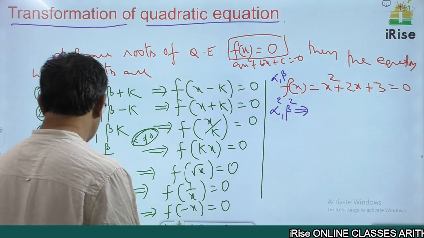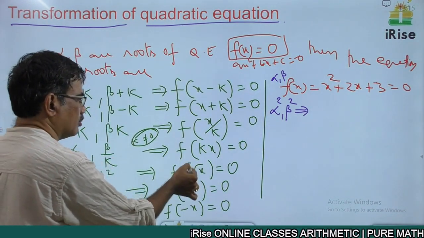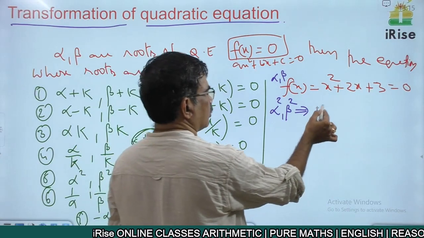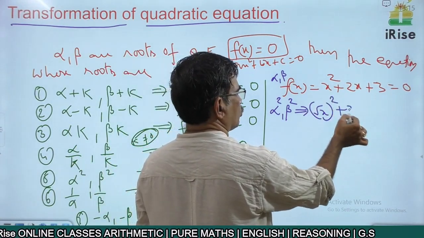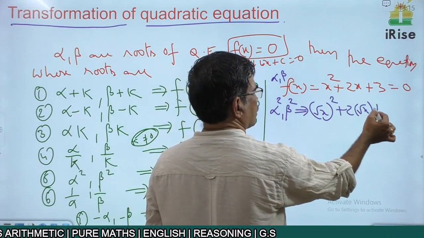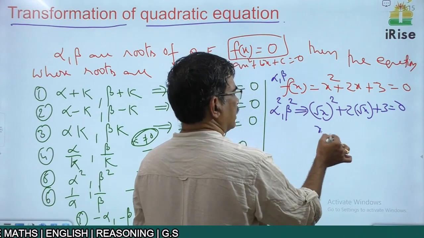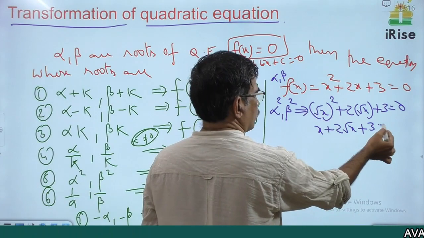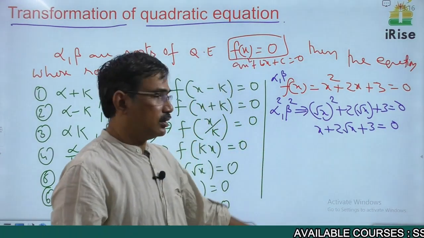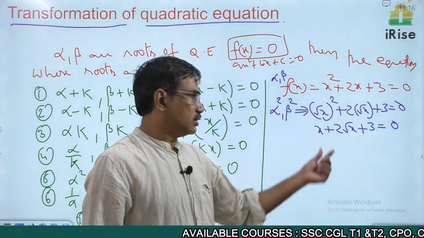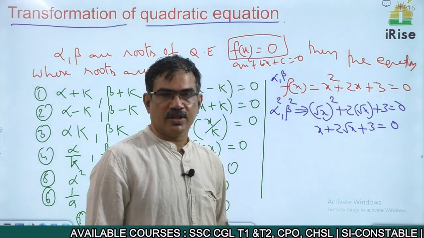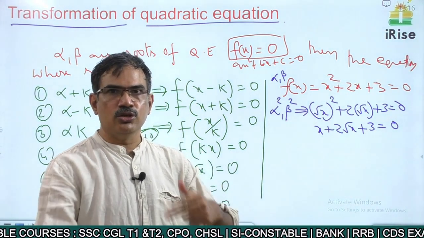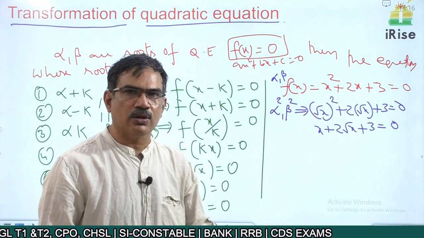According to this condition, x is replaced by root x. So you get root x whole square plus 2 into root x plus 3 is equal to 0, that is x plus 2 root x plus 3 is equal to 0. But this is not the answer, because this is not a quadratic equation. If you transform, the new equation must also be a quadratic equation.